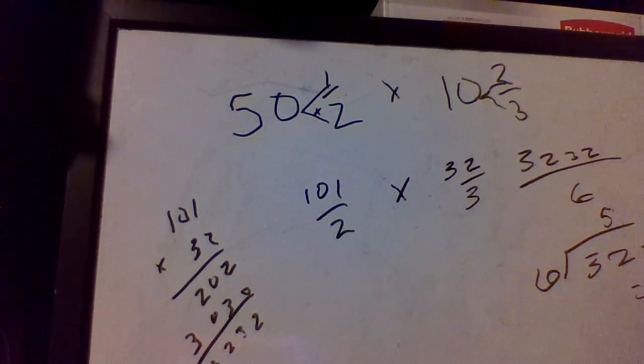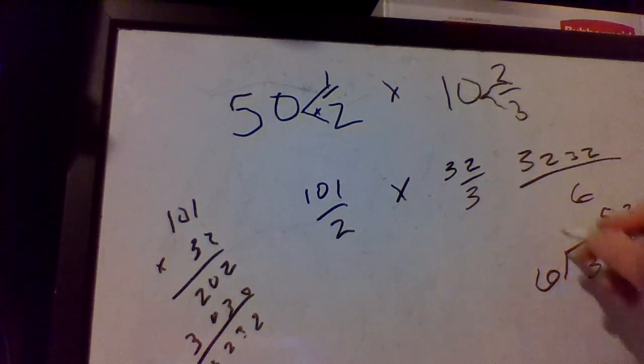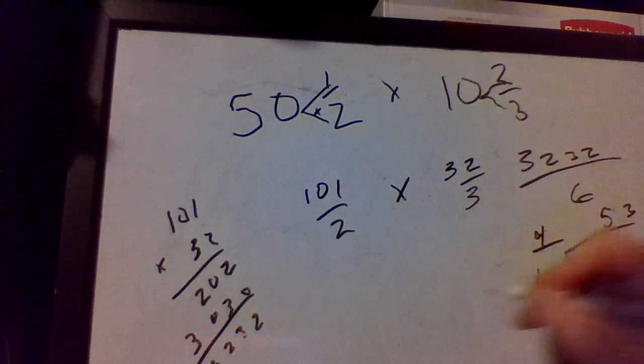Bring down the 3. 6 goes into 23 3 times. 18. 552. And 6 goes into 52 8 times. 8 times 6 is 48. We have 4 left over.